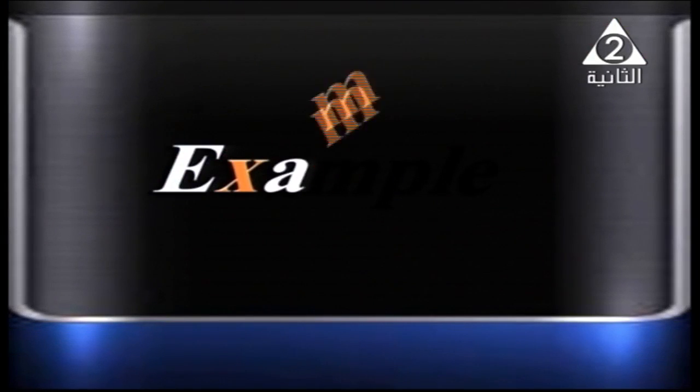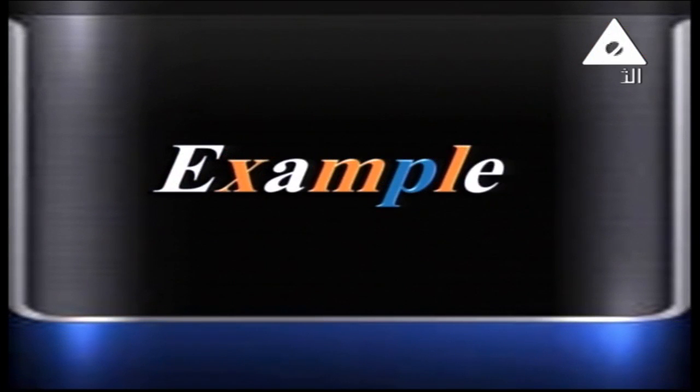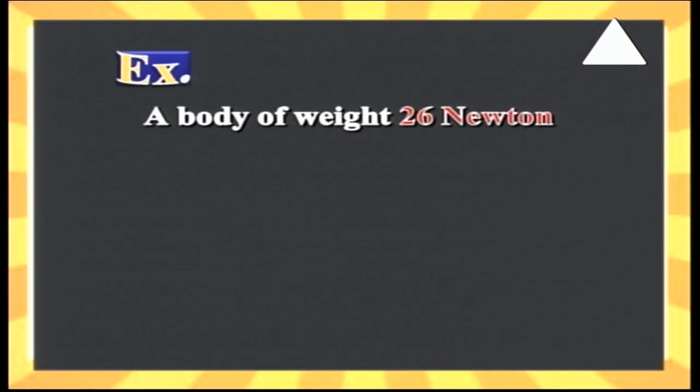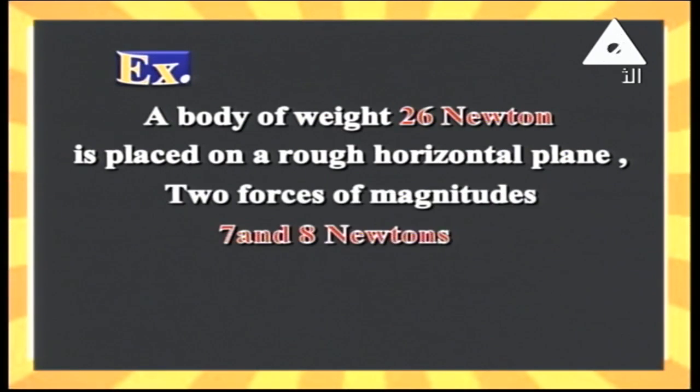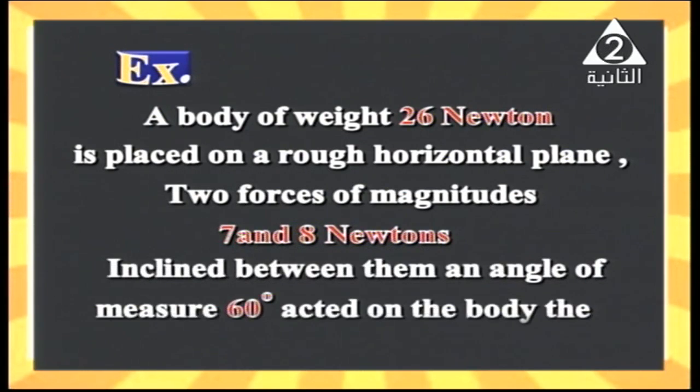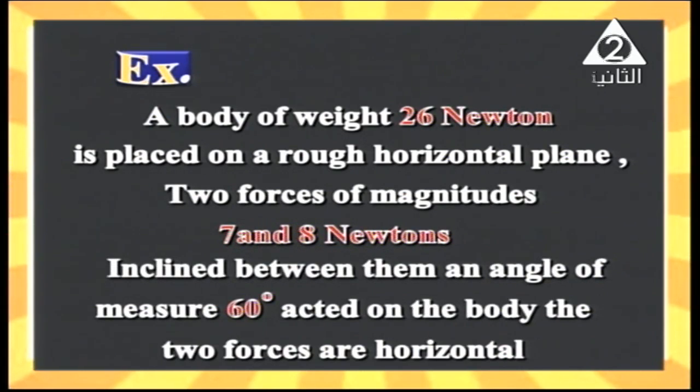My dear student, look at the important example. A body of weight 26 Newton is placed on a horizontal plane. Two forces of magnitude 7 and 8 Newtons, inclined between them at an angle of measure 60 degrees, act on the body.